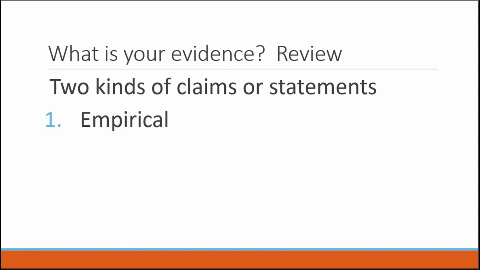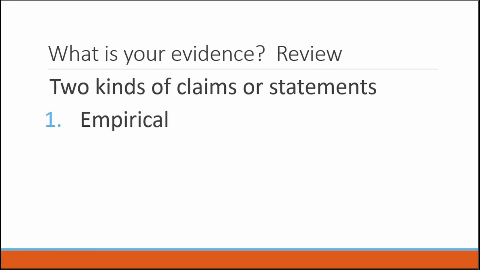The first category of statement would be empirical statements or empirical claims. These are the sorts of claims which would be supported by observation, experience, experiment. They can be refuted or supported by observation, experience, or experiment.